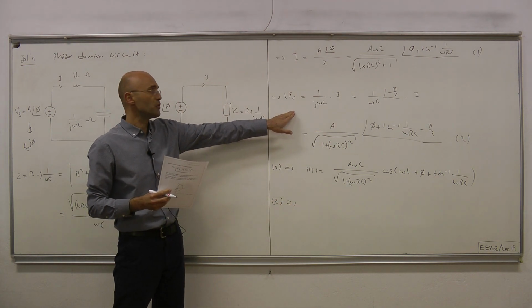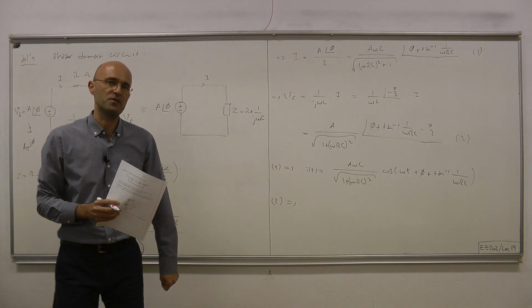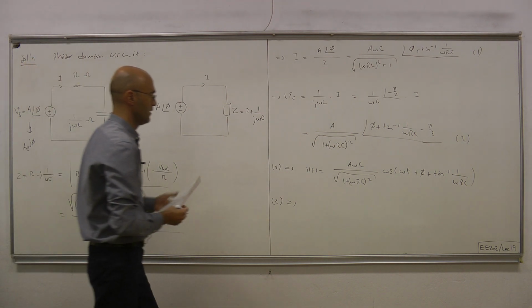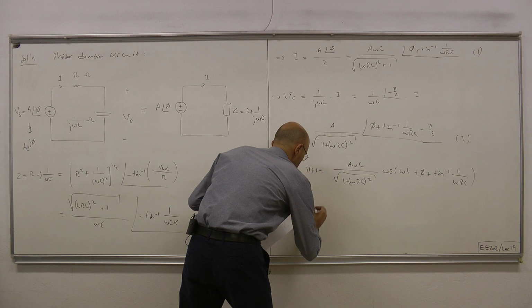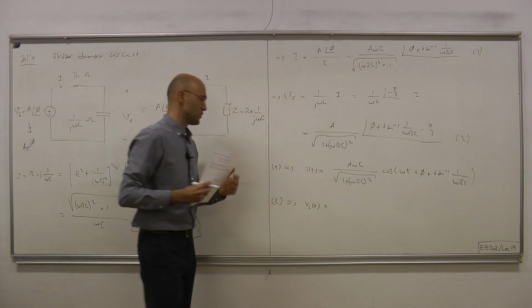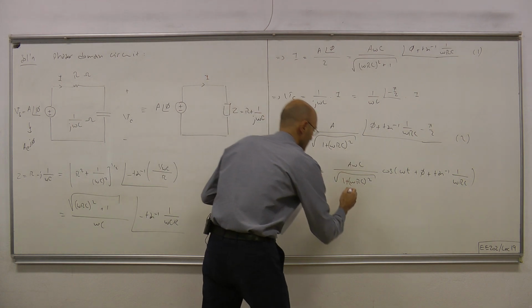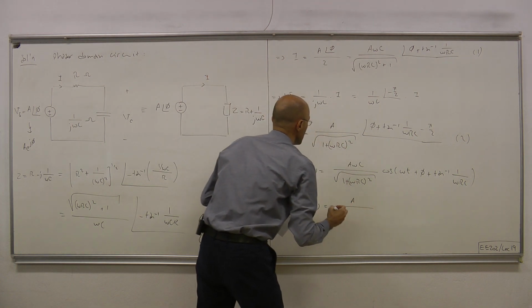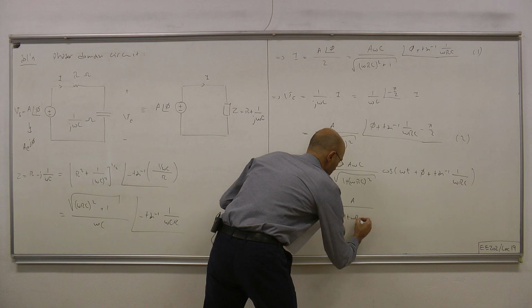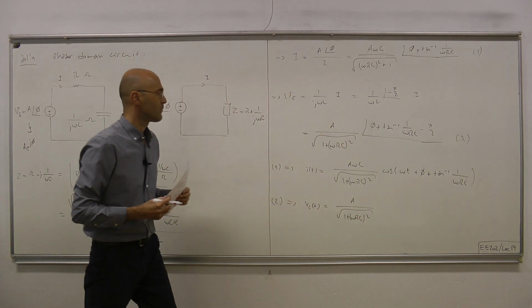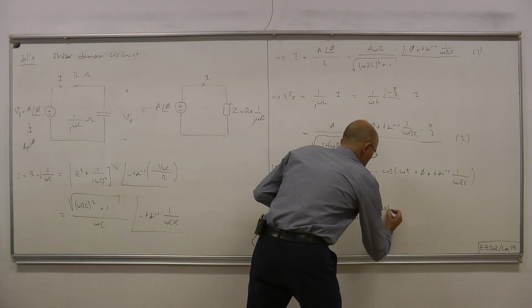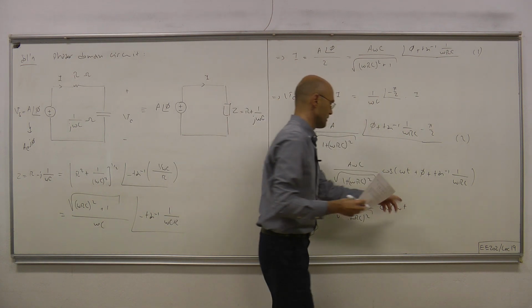And the second expression, which is the phasor for the capacitor voltage, will immediately give us the time domain signal Vc of t. The same thing here. We have the following amplitude, 1 plus omega RC square. Cosine omega t, the same frequency.